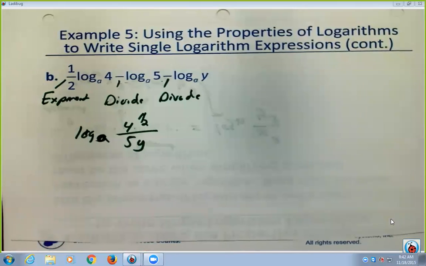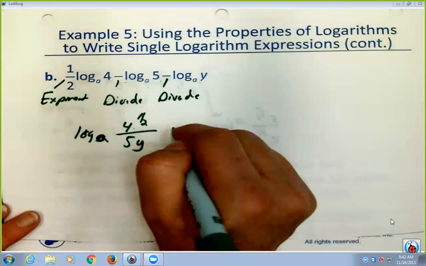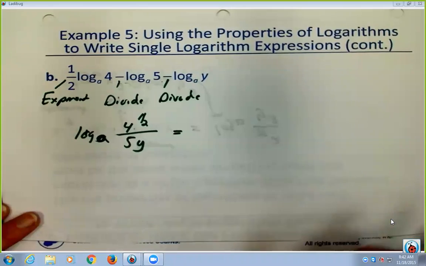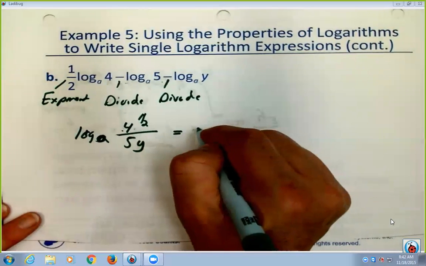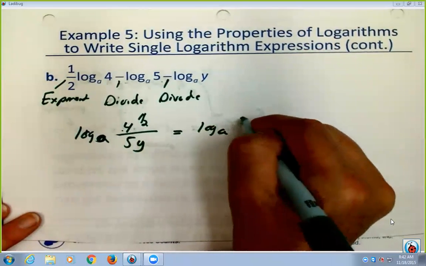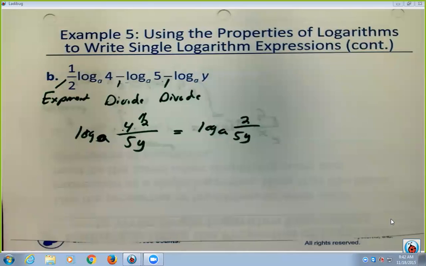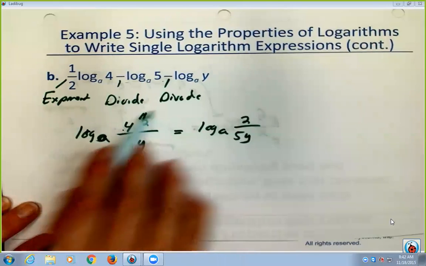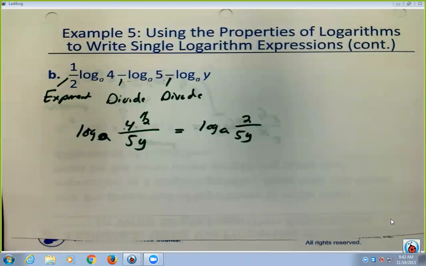Don't just subtract one of them. And then 4 to the 1/2, I don't know if it's going to ask you to do that, but that means the square root of 4, or I have log a 2 over 5y if you simplified that part. And it may not ask you to simplify it. It may let you leave it this way without getting it to its lowest form. What do you think?